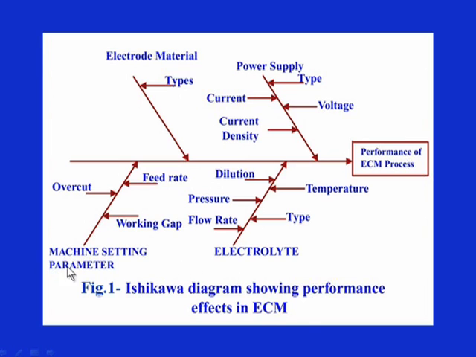Then as far as the machine setting parameters are concerned, the overcut, the feed rate, the working gap, and how they are to be maintained. As far as the electrolyte is concerned, the flow rate of the electrolyte, pressure of the electrolyte, dilution of the electrolyte, temperature and type of the electrolyte might affect the performance of an ECM process.